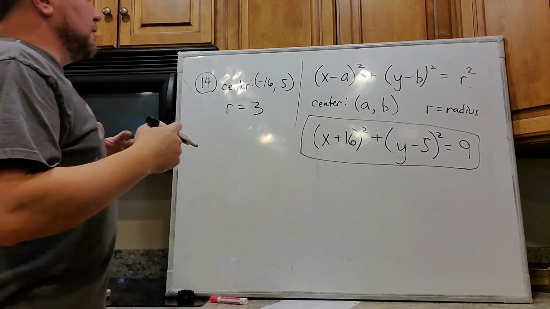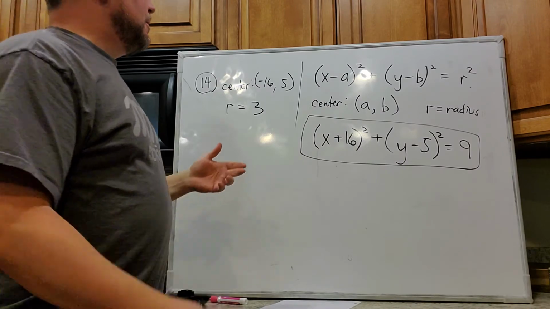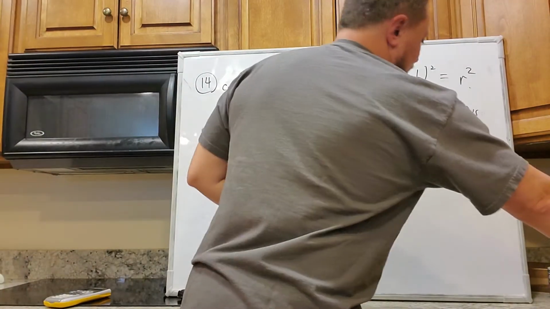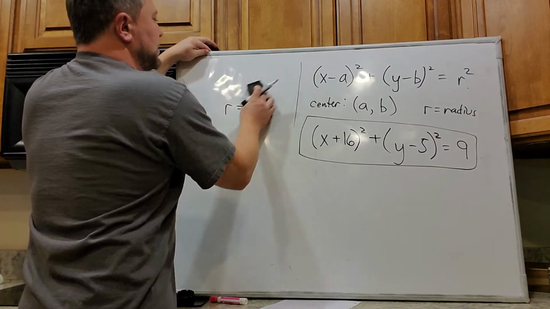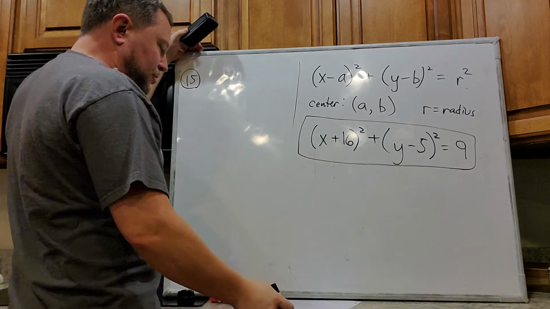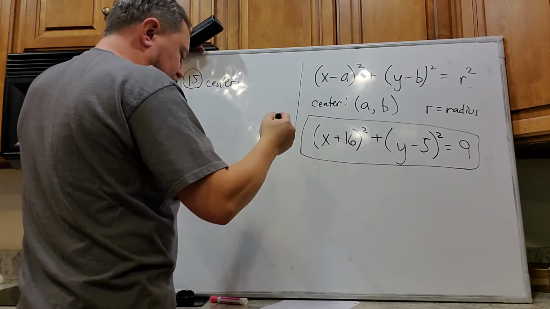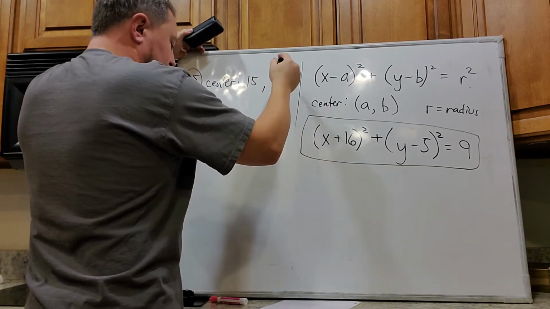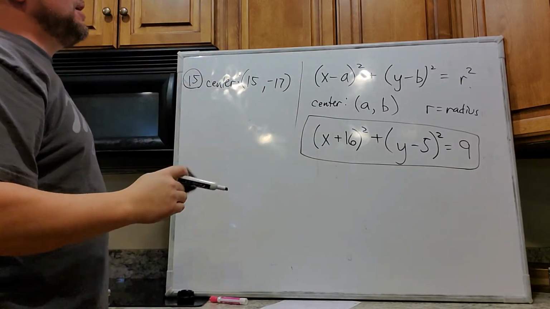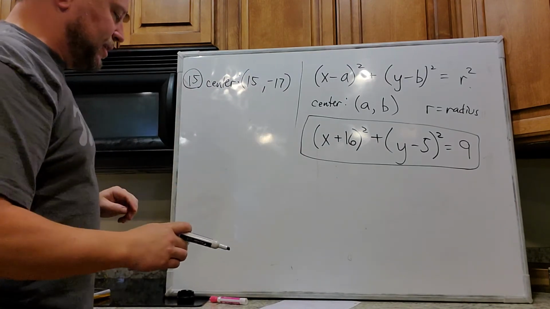Okay, then the next two problems continue to get a little more complicated. Instead of just giving you the center and the radius and making it real easy on you, on problem number 15, they do give you the center point again. So that doesn't change. They tell you this time your center is going to be located at the coordinates x value of 15 and y value of negative 17.